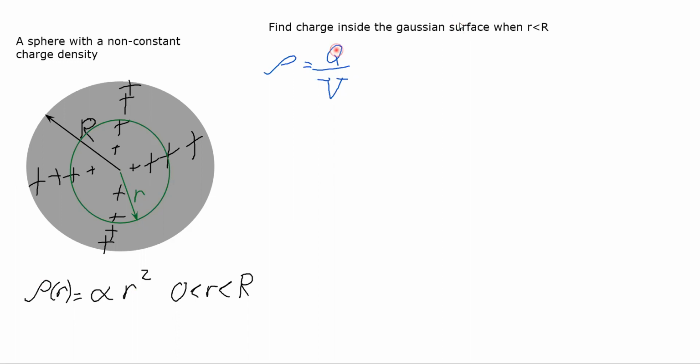Well, I could write this though, if I picked a small little piece of volume here, and I'll call it dV, then the charge density at that little dV would just be dq over dV.